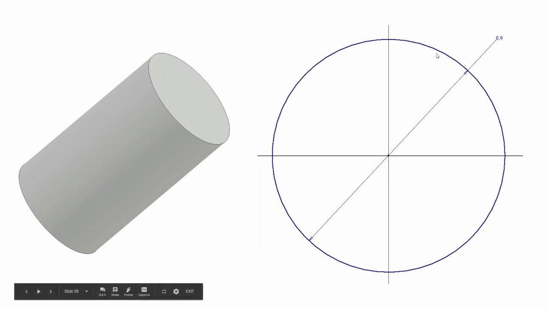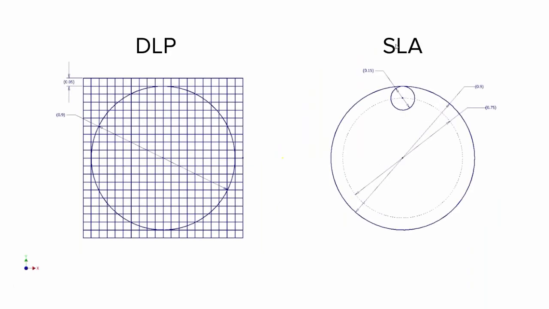Actually, in this picture here, it's 0.9 millimeters. And you can see here it laid out on a grid of 50 micron pixels versus the way that a laser-based stereolithography machine like the Form 2 will draw it, where this dashed line is our tool path and the laser will follow around this dashed line.